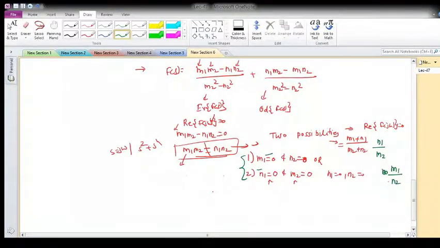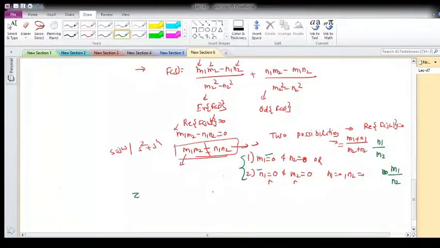So it is the ratio of even to odd or odd to even, and ultimately the resultant will be my odd function. That means the driving point admittance or LC admittance function will be odd.